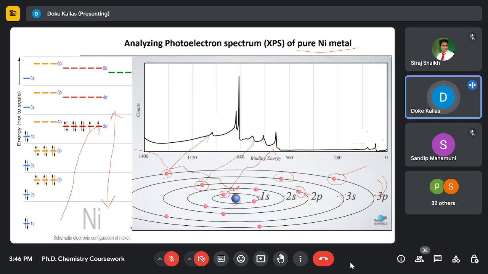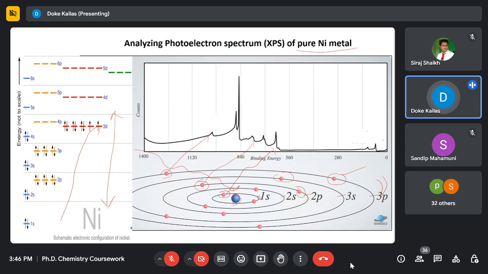So each electron has a different binding energy, and each has a different intensity, number, and population. That is why we get different peaks in the X-ray photoelectron spectra.